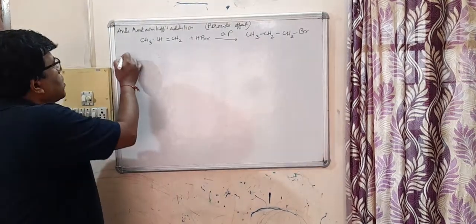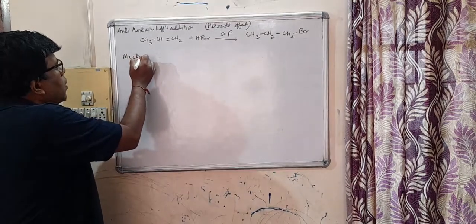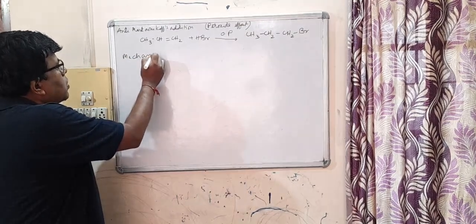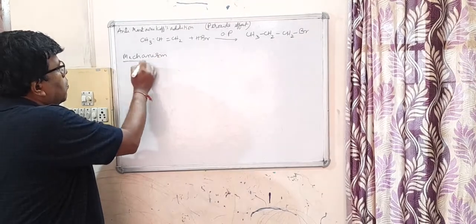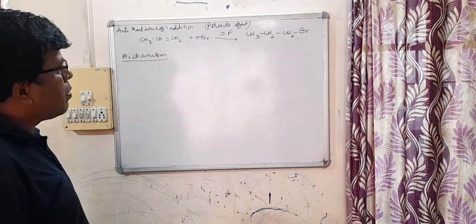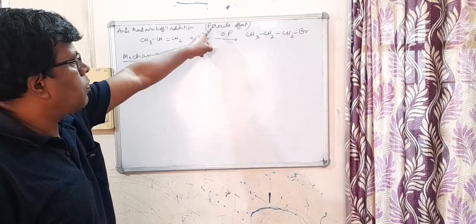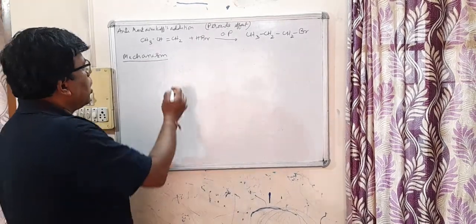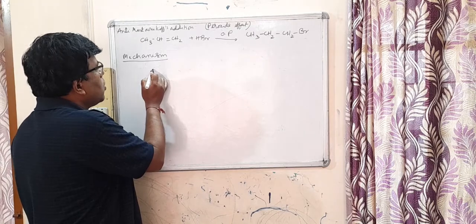So here I am discussing the mechanism of the peroxide effect. The mechanism is like this. We have to take an organic peroxide. An example of organic peroxide is this one.